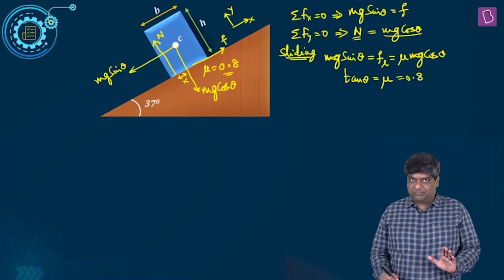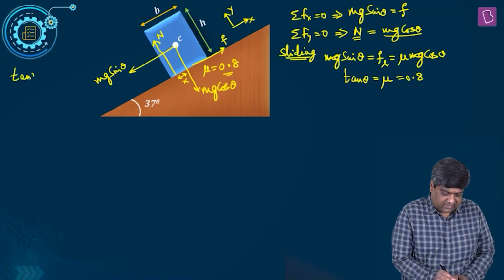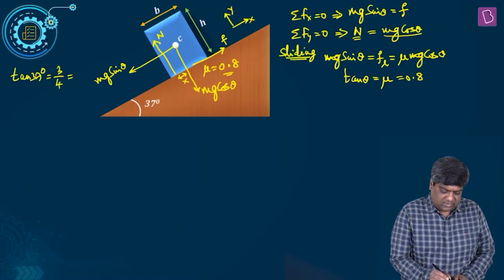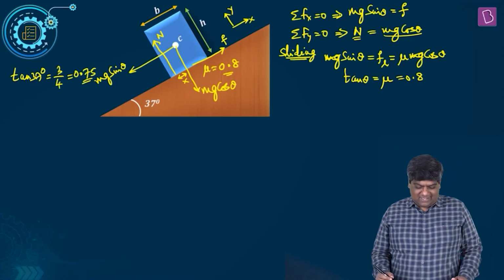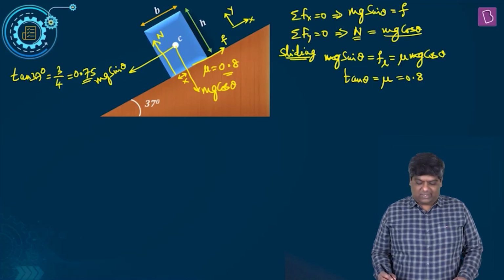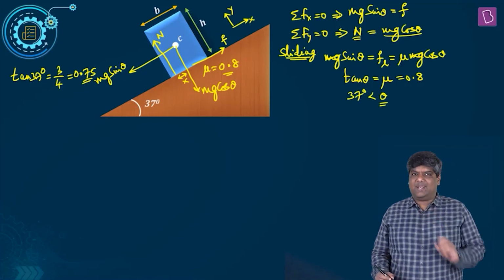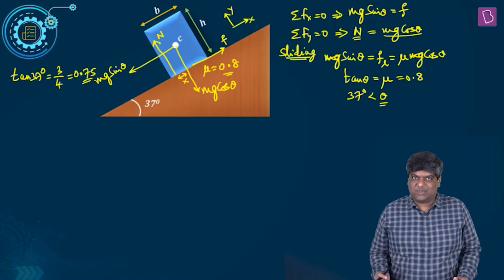In this case, theta is 37, and let's quickly calculate what is tan 37. Tan 37 is 3 by 4, which is basically 0.75. So tan 37 is less than tan theta here, or 37 degrees is less than theta, the angle for which sliding will occur. We call it the angle of repose, remember?